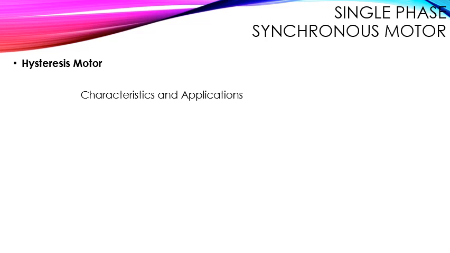So the applications of the hysteresis motor, depending on the torque speed characteristics, are that it has the ability of noiseless operation and can drive high inertia loads, and that's why hysteresis motors are generally used to drive timing devices, electric clocks and other precision audio equipment.